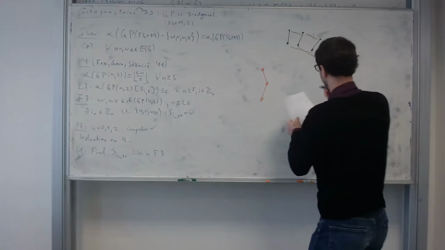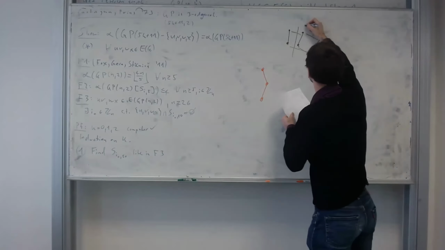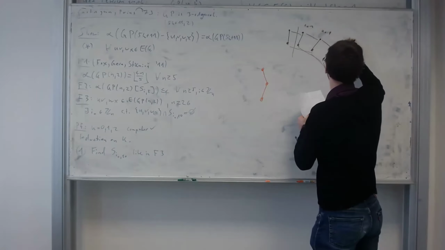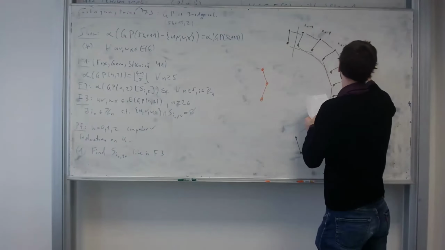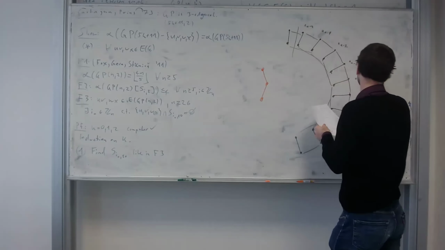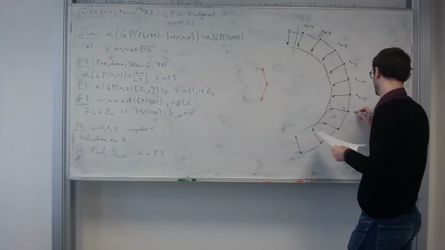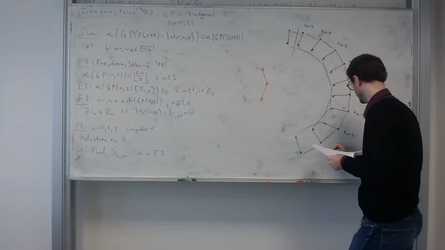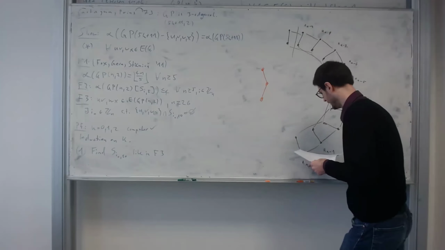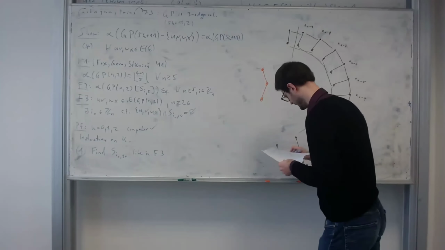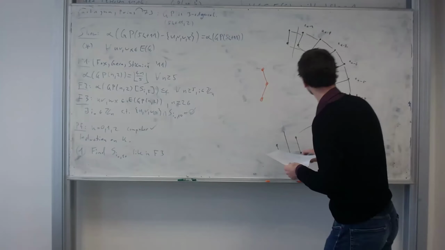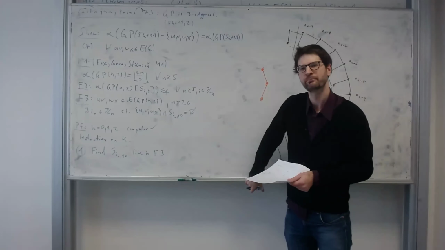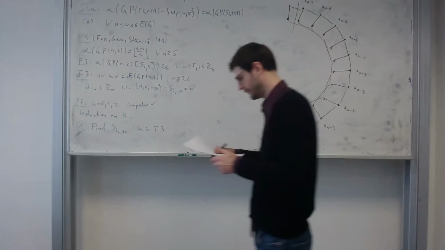Okay, so let's say like this, and let's call these n minus 9, n minus 8, n minus 7, n minus 6, n minus 5, n minus 4, n minus 3, n minus 2, n minus 1, and then we have one more here, and this is what we cut out. This is now our S_{l_0}^{10}. Okay, so we found this.